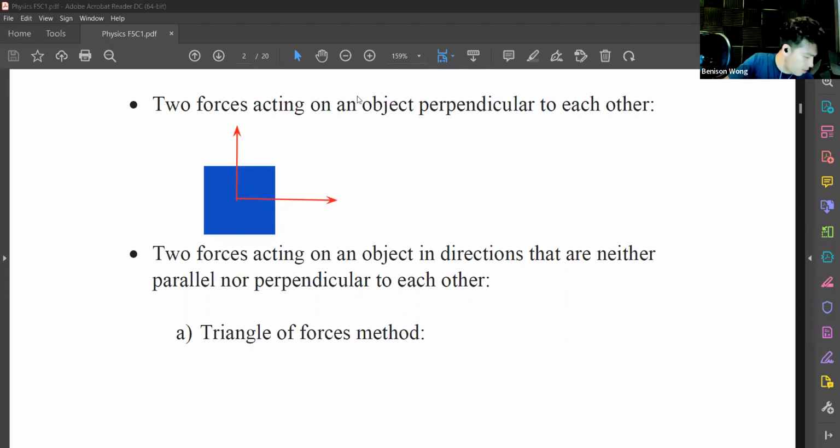Let's say this force is 4 Newton. This force is 3 Newton. So what will be the resultant force? You learned this in your Maths already. What's the resultant force?